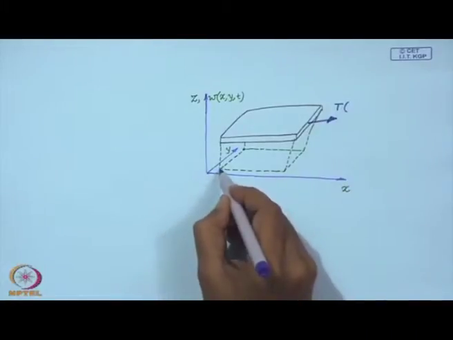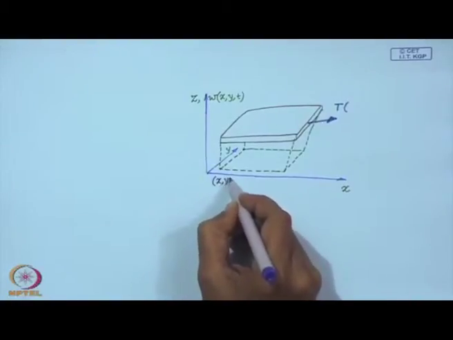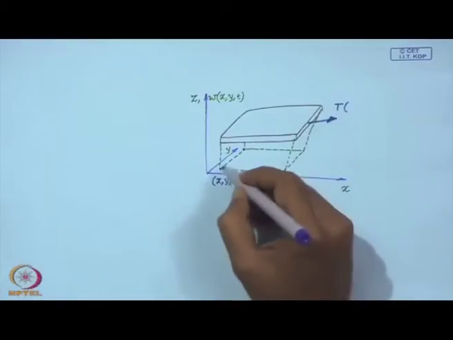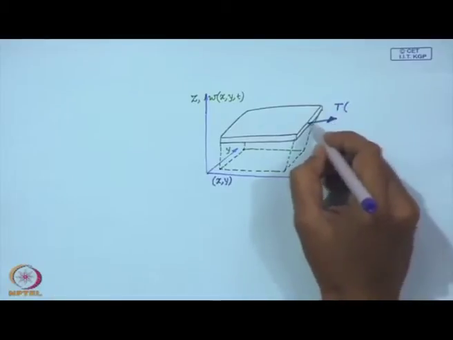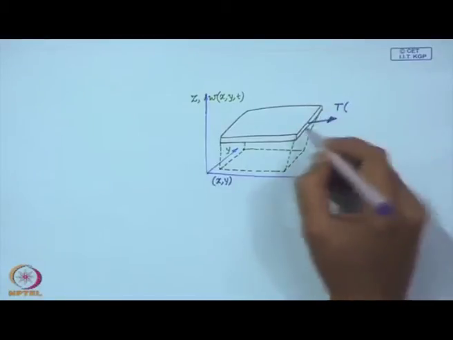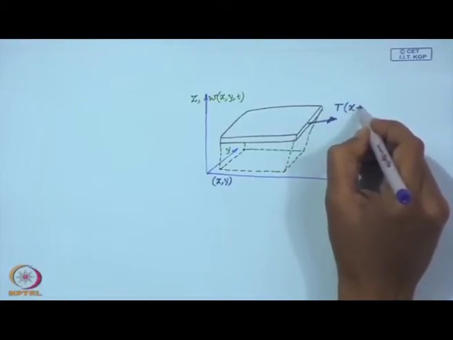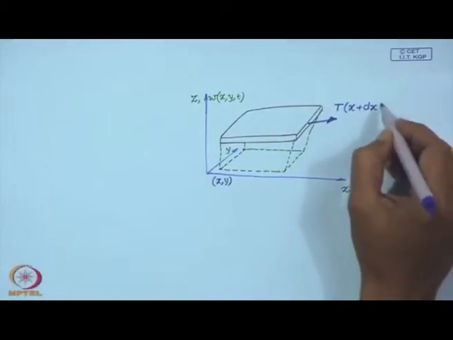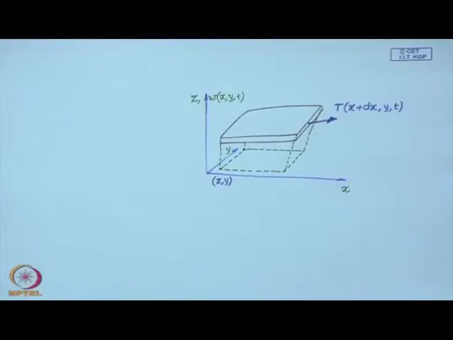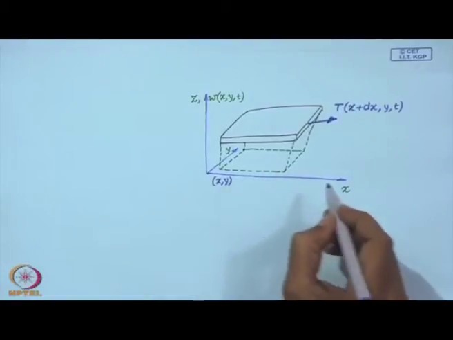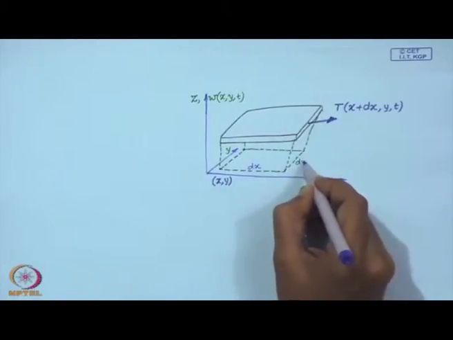If this point is x y, I will denote the force on this edge as T, so this is dx and this is dy.